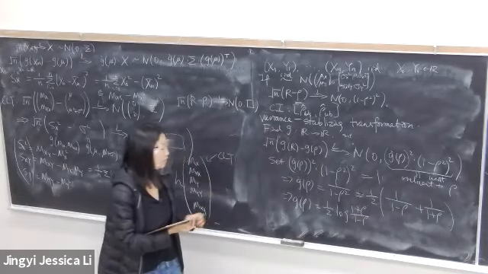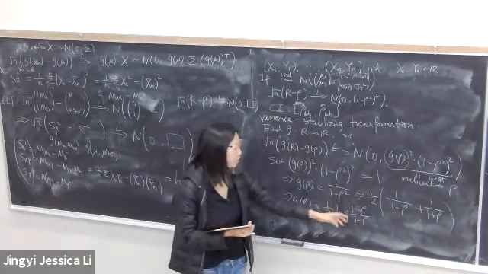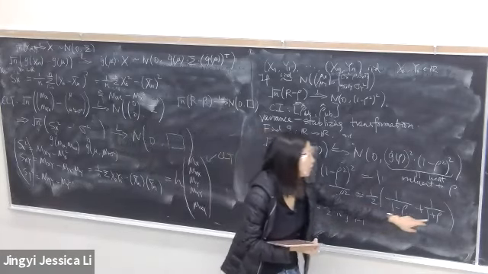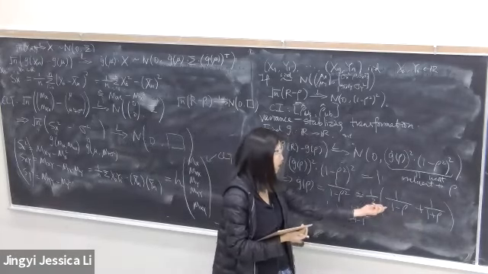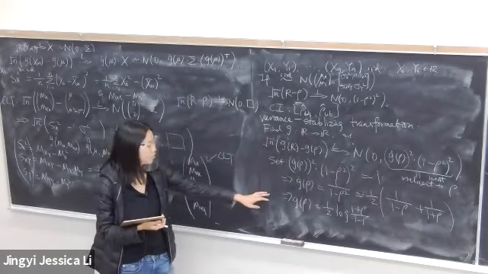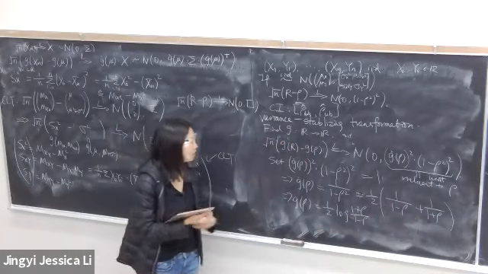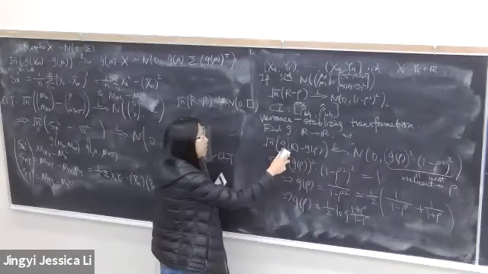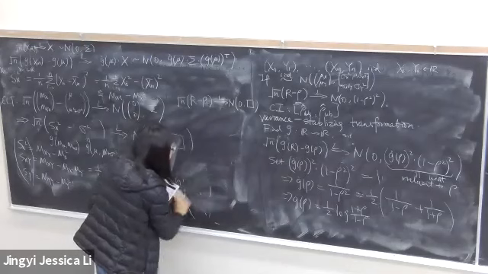We can easily verify that ourselves. I'm just doing the combination. So this will give me a log, this will give me a log, with a minus sign here, and the combination gives me this. Okay, and with this g, I can obtain a nice result for my sample correlation.